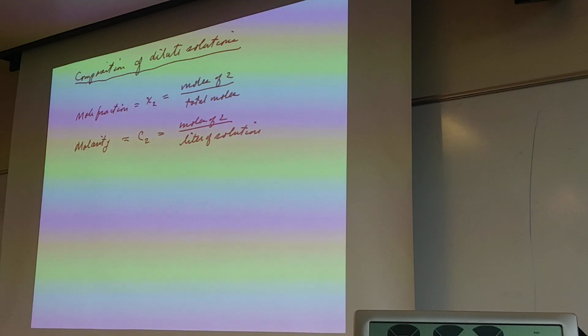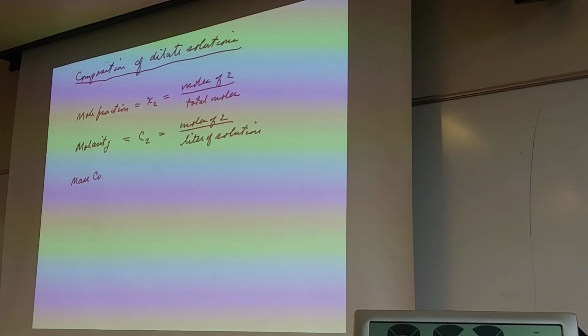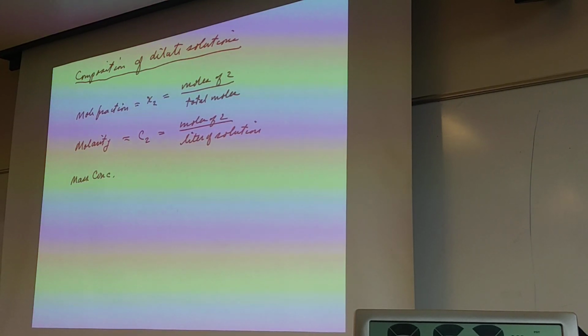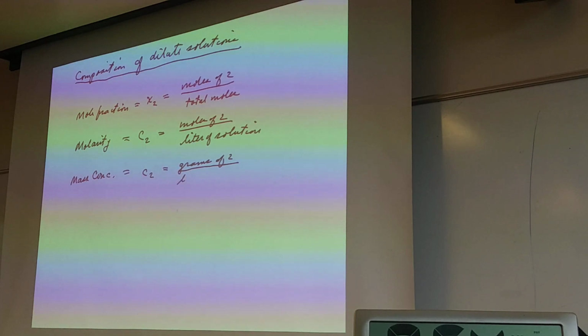Another one is mass concentration. This is an important one for polymer solutions. So that's a lowercase c here, and that's grams of 2 per liter of solution.